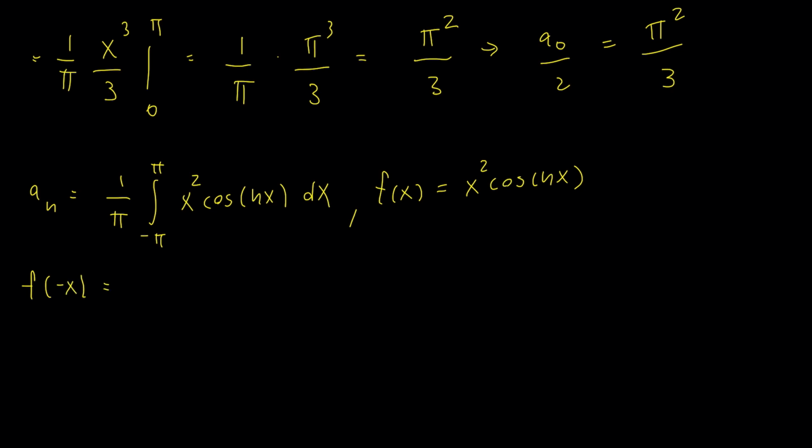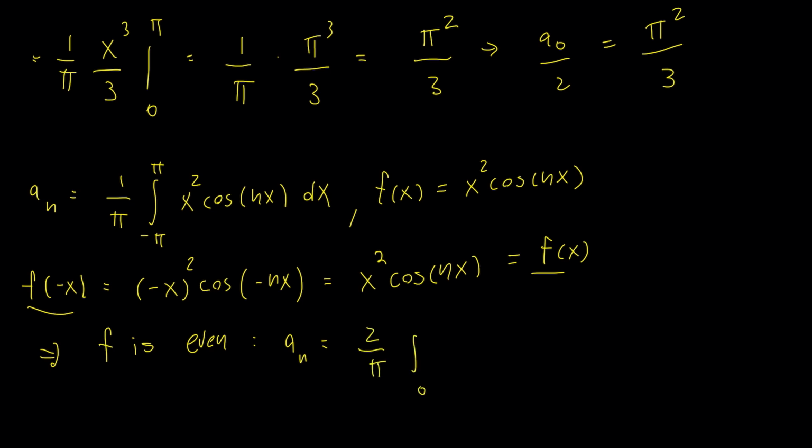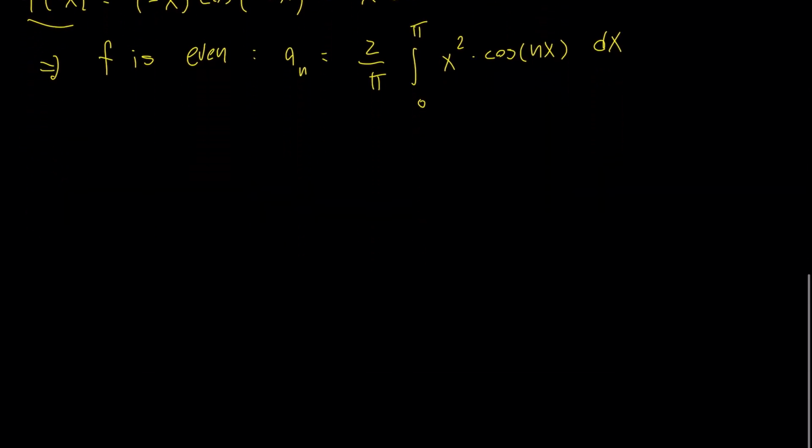So f of minus x is negative x squared cosine of negative nx, which is equal to x squared, and the cosine is an even function, so we have a cosine of nx, which is the original function. So we have f of minus x equals f of x, so this means that f is even, and because of that we could write an equals 2 over pi, the integral from 0 to pi of x squared times the cosine of nx dx.